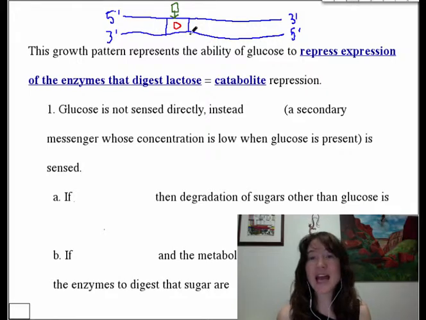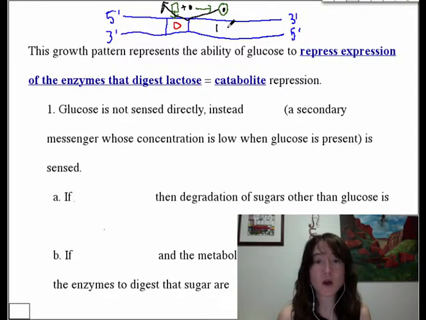But when lactose, the derivative of lactose, is around, we just made it a little black guy, what we said would happen is that the conformation of the repressor would change with the binding of lactose, and it would induce expression, right? Because it would keep the repressor from repressing.